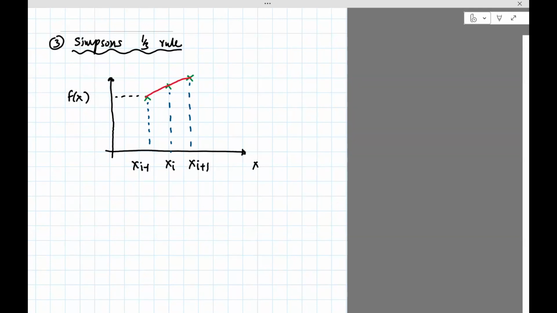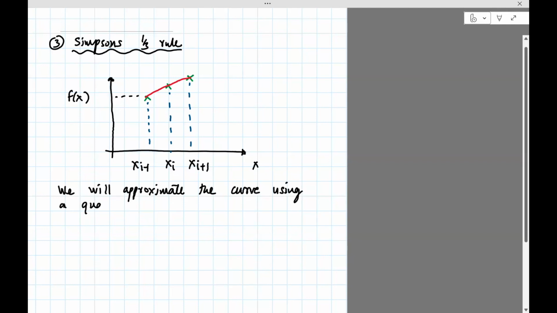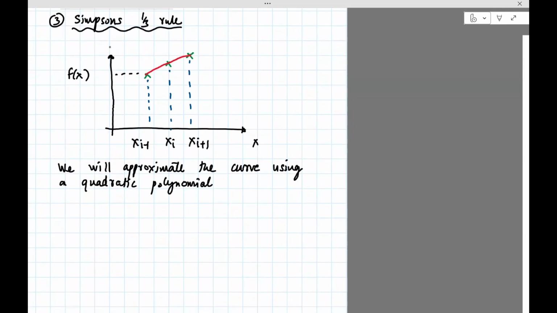Okay, so what we'll do is we will approximate the curve using a quadratic polynomial.